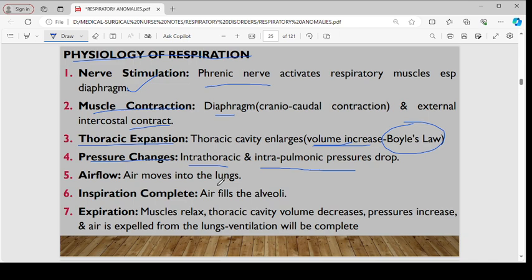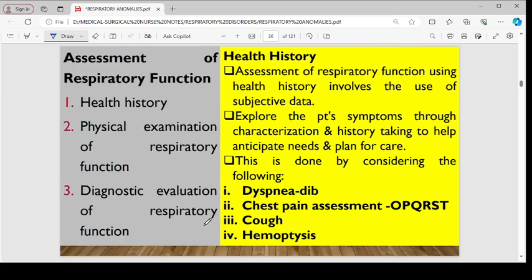Inspiration will be complete as air fills the alveoli. On expiration, the muscles relax and the thoracic cavity volume decreases, and based on Boyle's law, the pressure increases and air will be expelled from the lungs. In that case, we say the ventilation is complete.